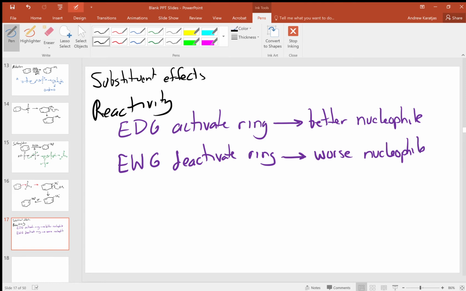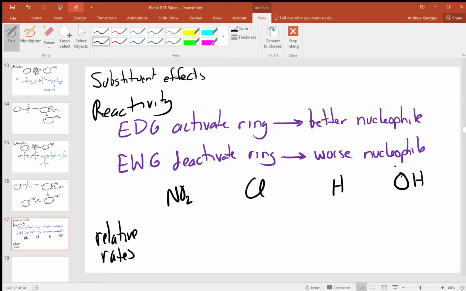And so we can see that illustrated here with just some relative rates. Looking at a group such as a nitro group, which is strongly electron withdrawing, chlorine, which is withdrawing, hydrogen, and then an OH, which is an electron donating group. So if we define our H as sort of our benchmark, an electron donating group like an OH group will make that aromatic ring react on average about 1,000 times faster.